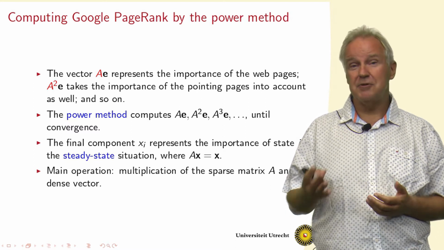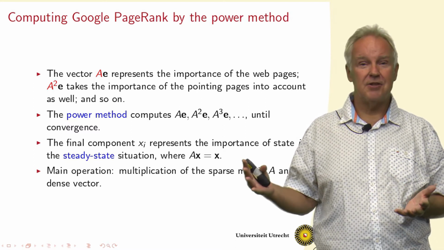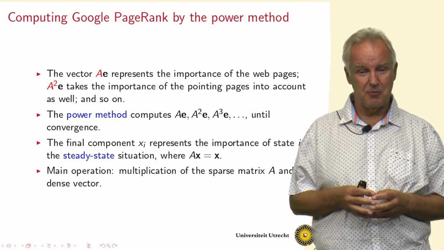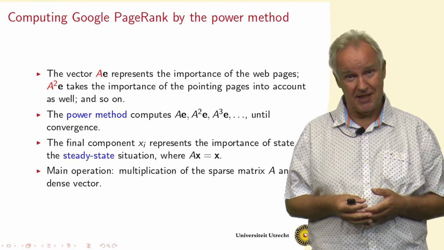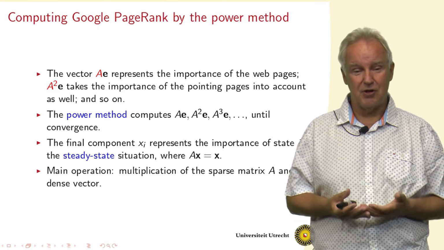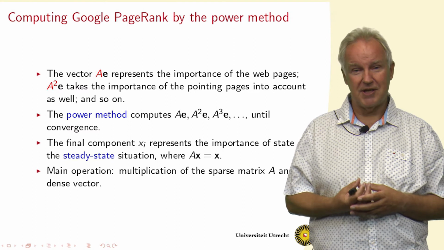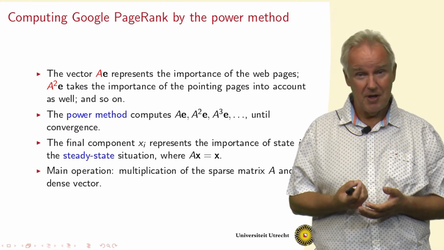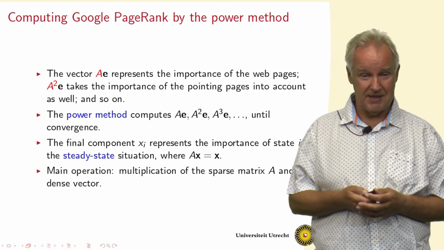We can do this again and again until nothing changes anymore. Once we have obtained a steady state, A times x is x, we have converged, and we obtain the vector x, where x_i tells you how important page i is.